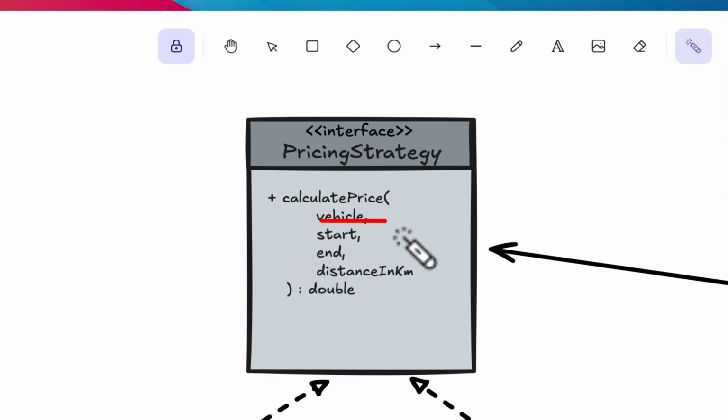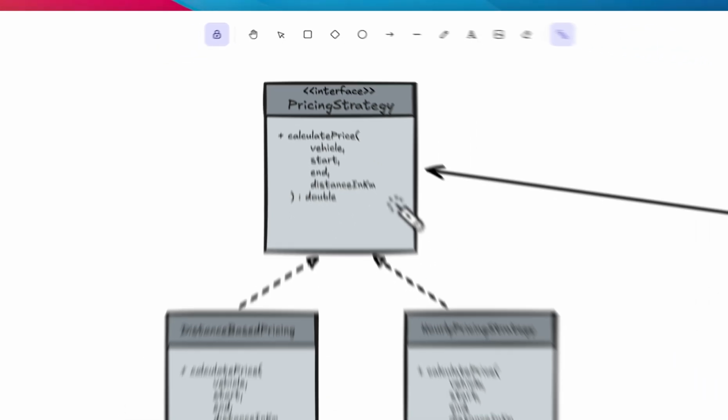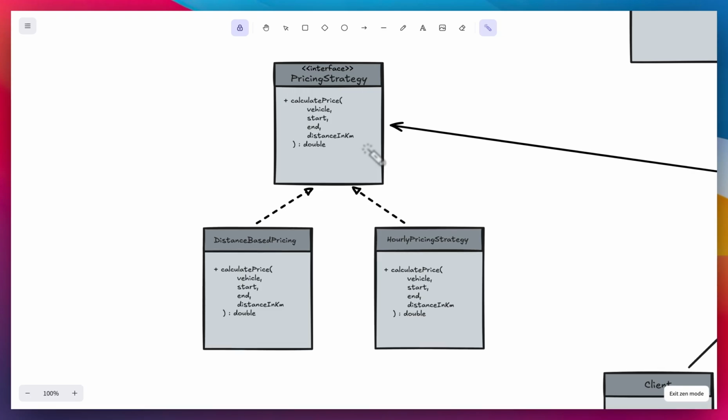The first parameter is vehicle, because each and every vehicle will have different price per kilometer and price per hour. That's the reason why I have passed vehicle as one of the parameters. The second and third parameters are to calculate the duration for which the particular vehicle was booked. And the fourth parameter is the distance between the source and the destination branches.